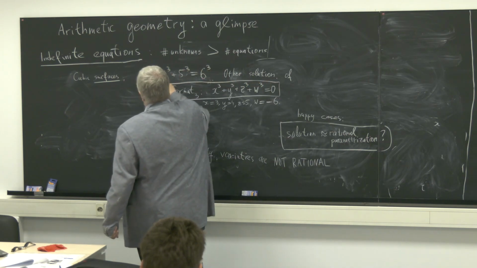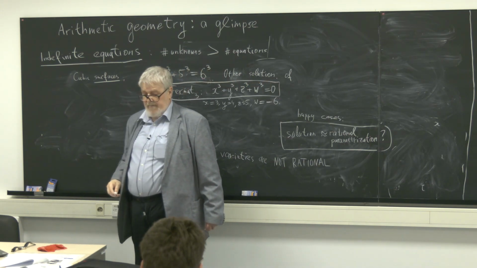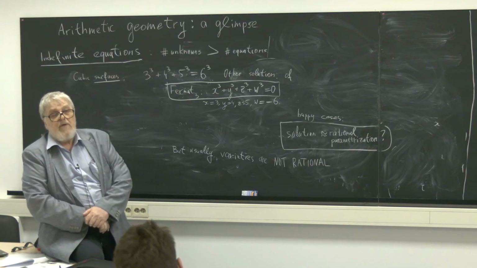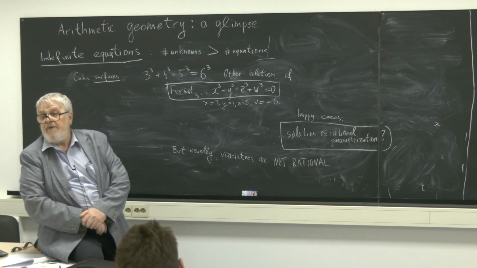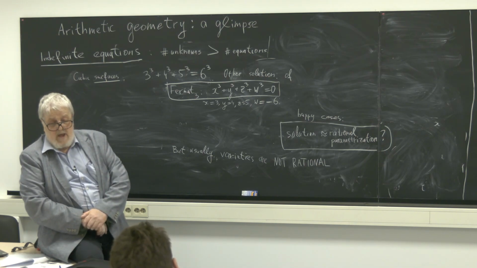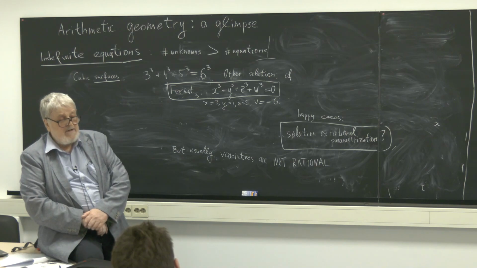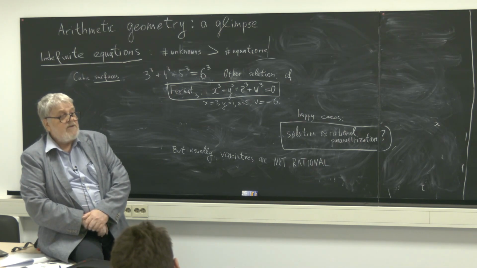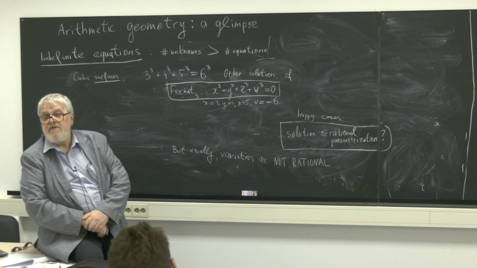You could think that I have written the equation in 4-space, so that this is a 3-dimensional object. And I have to ask to raise your hands those who understand the words projective varieties.